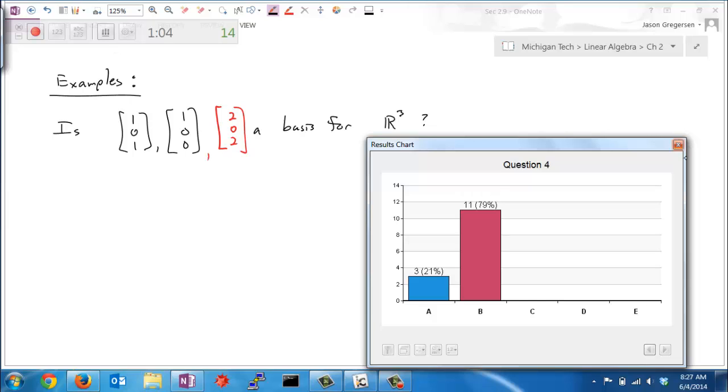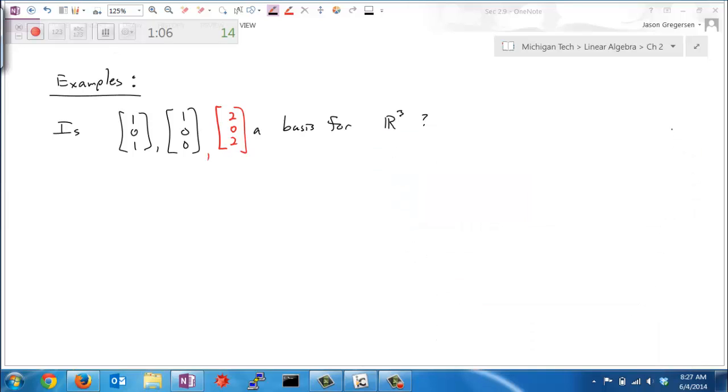All right, most people saying no. Why is it not a basis, just those two vectors? Third vector is a multiple of the first. Well, let's just stick with those two, before I added my third one. I don't have a pivot in every row. I don't have enough vectors. I have 3 rows, but since I only have 2 columns, I can only have 2 pivot positions. So I don't have a pivot for every row, which means what? It's not onto. It doesn't span all of R3.